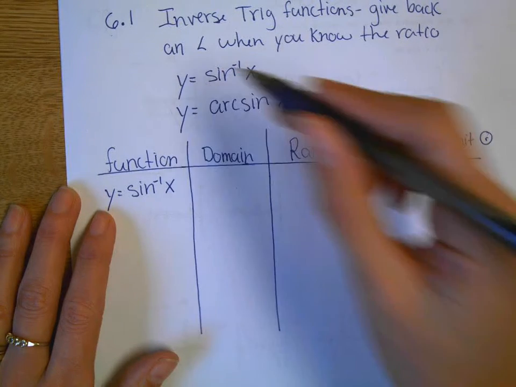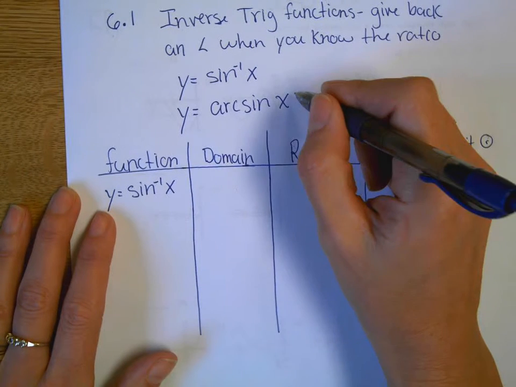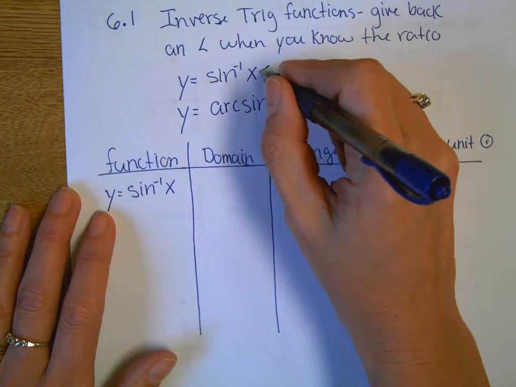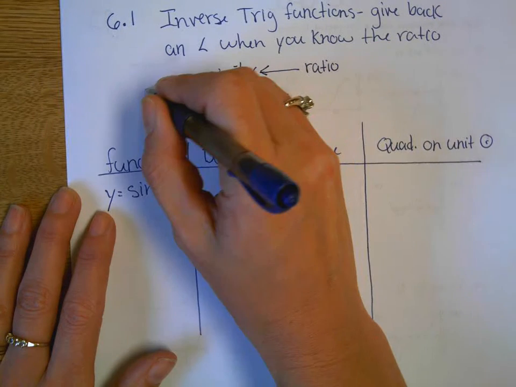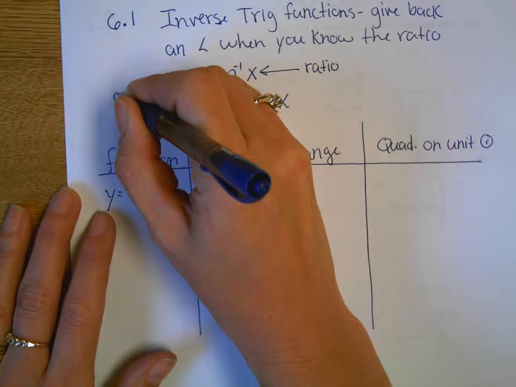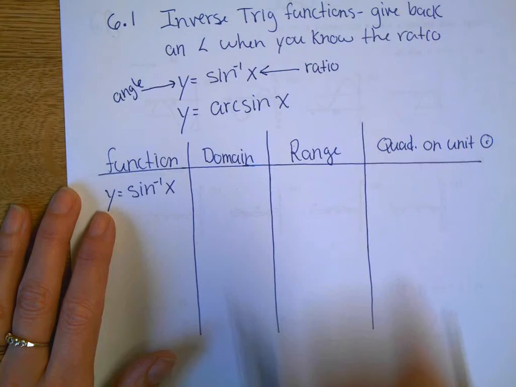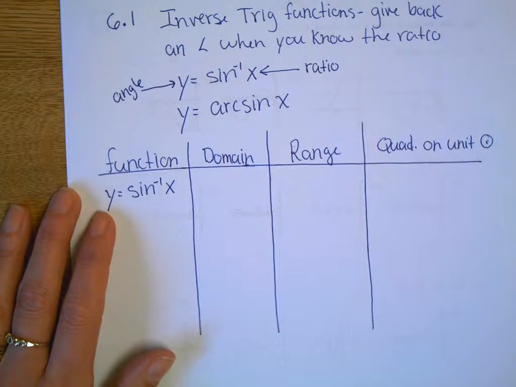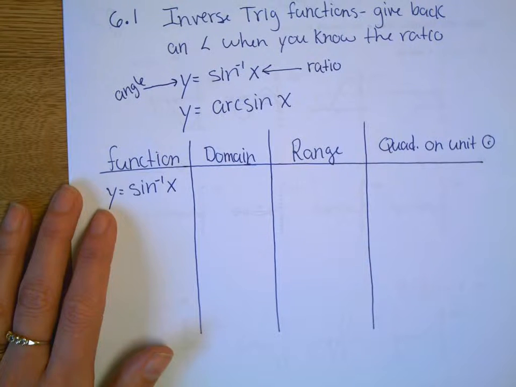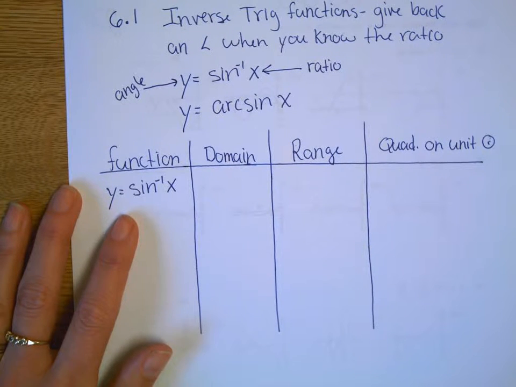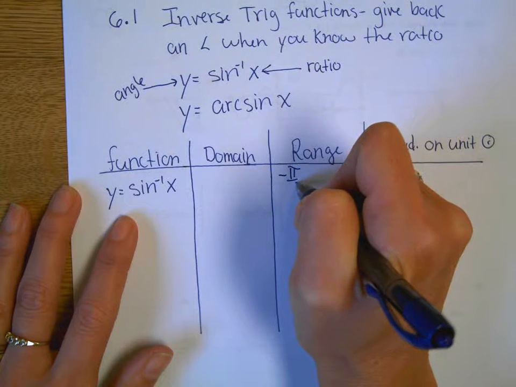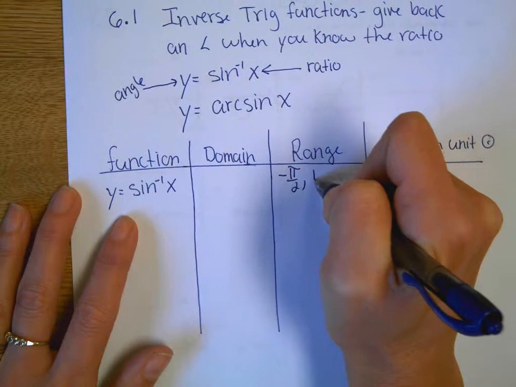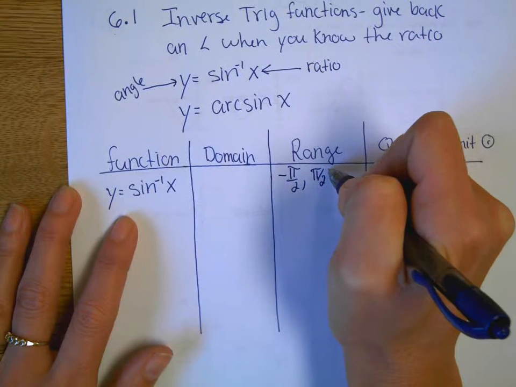X is the ratio, y is the angle. So the range for the inverse sine function only goes from negative pi over 2 to pi over 2. So I'm giving it to you in radians.